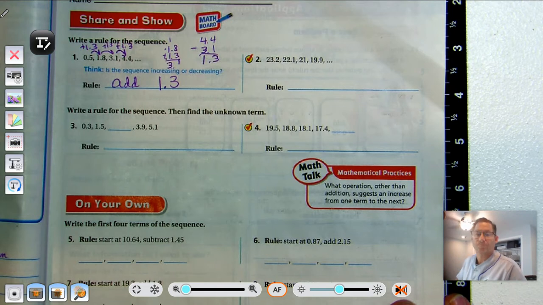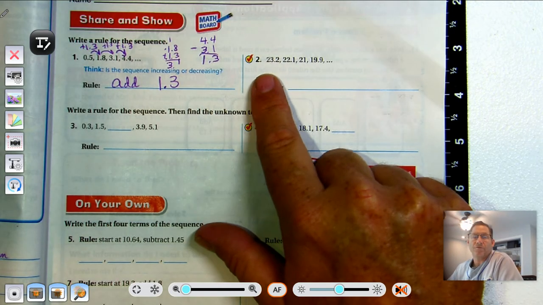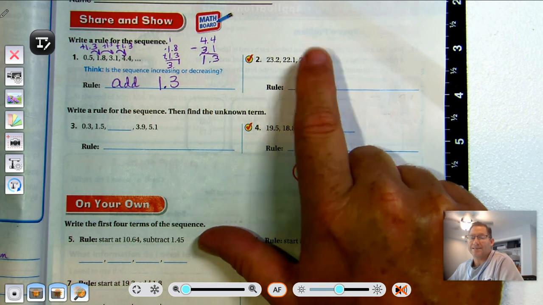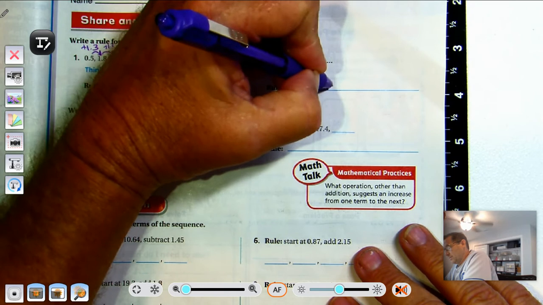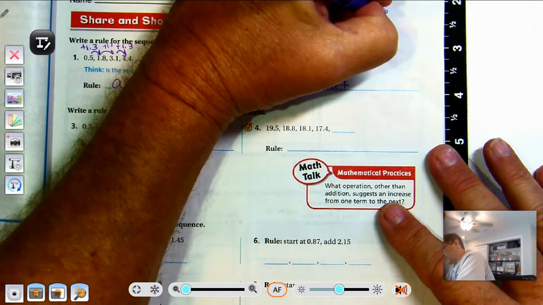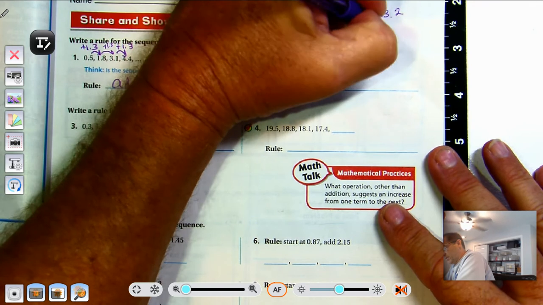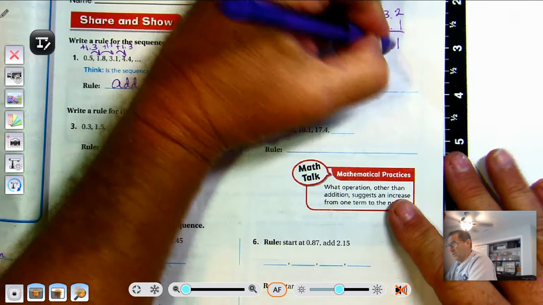Okay, number 2. If I look at just the whole numbers, 23, 22, 21, 19, it's going down. So probably going to be subtract. Subtract what? Well, 23.2, take away 22.1. 2 tenths take away 1 tenth is 1 tenth.